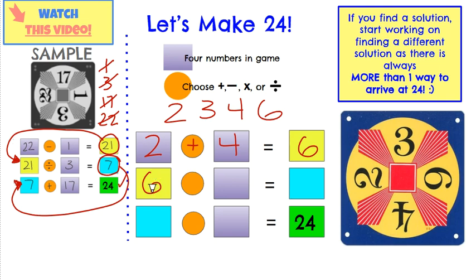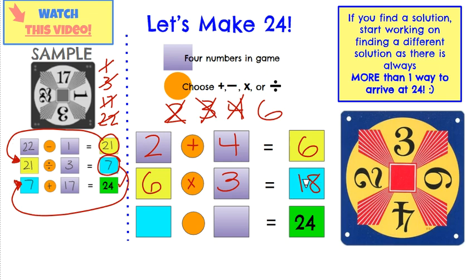With 6, we've got to get that number raised up pretty high because we need to get to 24. We have used the 2 and the 4. I think we can go ahead and multiply by the 3. That's going to get us to 18, which is much closer to 24 than 6.